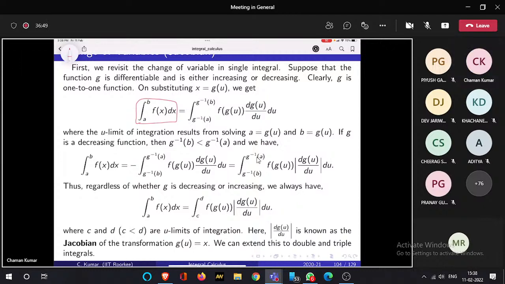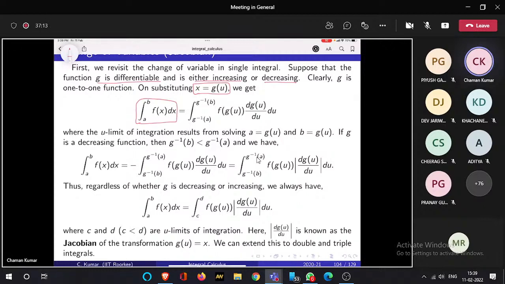Okay, and I substitute x is equal to g of u. Fine. Also assume that g is differentiable and it is either increasing or decreasing.